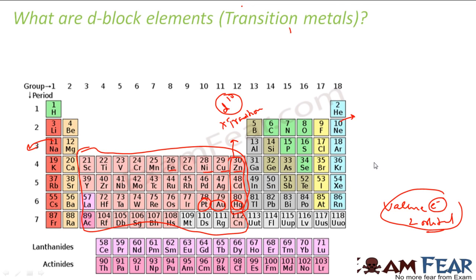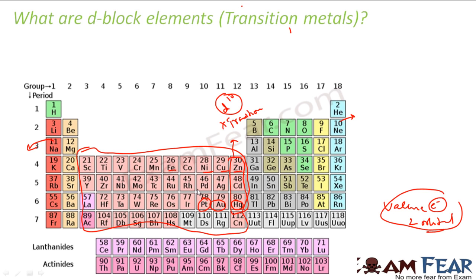We'll understand that. So it shows variable oxidation states and they act as catalysts. They have colored ions, they form complexes, they have magnetic properties, they are hard, and they have high melting and boiling points. They are typically silvery, shiny, good conductors of heat and electricity. They are malleable and ductile also, if you talk about zinc or any of the elements. And they are typically found in compound state because they are reactive.